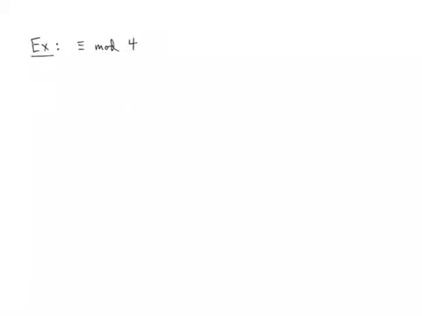The main example that we're going to work with when it comes to equivalence relations is equivalence mod a natural number. In particular, let's look at equivalence mod 4, and then we'll look at the general case and see what this indicates to us about equivalence relations.